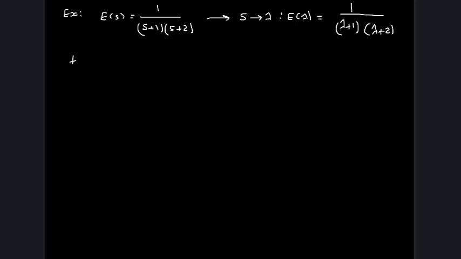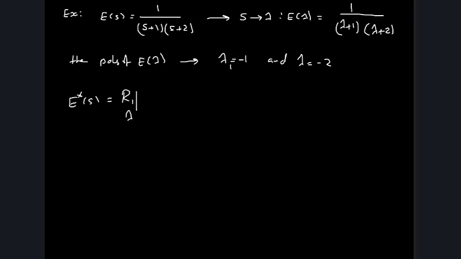Now, the poles of E of lambda, we have simple poles at lambda equal to minus 1 and lambda equal to minus 2. So now E star of s will equal the residue R1 at lambda equal to minus 1 plus the second residue at lambda equal to minus 2.